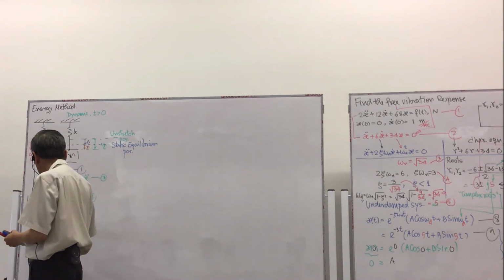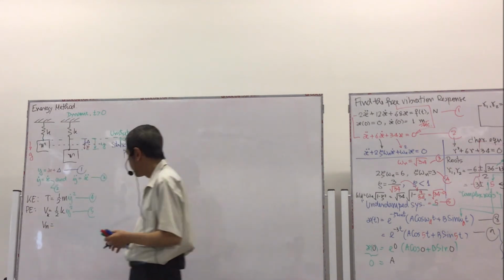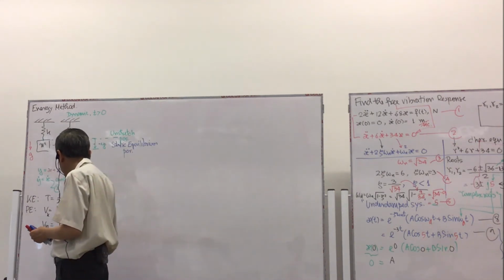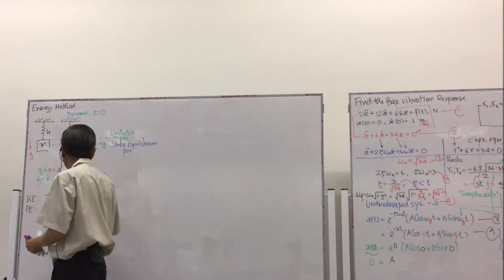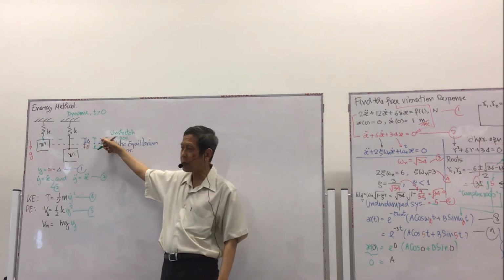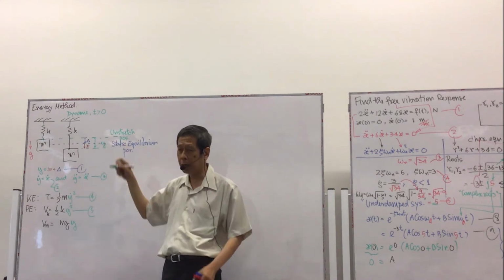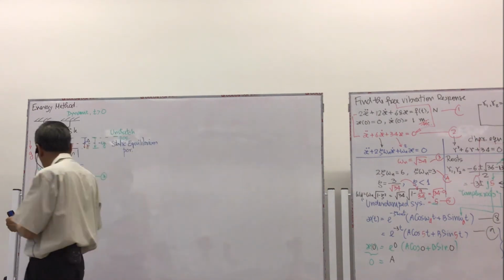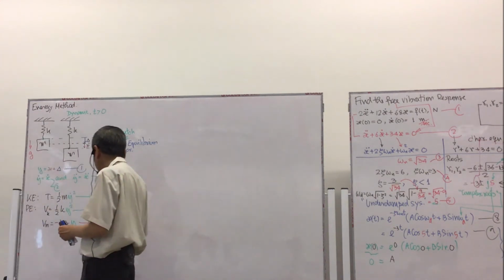Don't forget, under gravity we have a potential energy of the mass equal to mg y. The equilibrium or reference point is here, and then we go down, below the reference level, so this has to be a negative value. That's going to be 6.